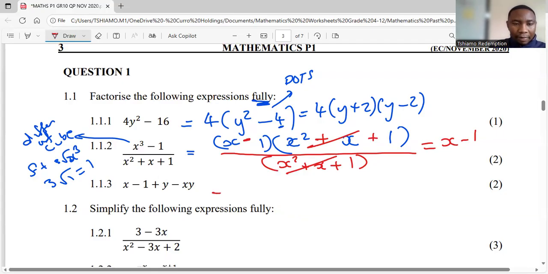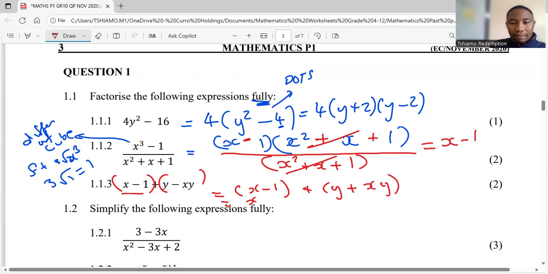And then here, let's look at what is going to happen here. I'm going to try grouping. Let's see, x plus 1. Group these 2 together, plus y minus y. And then x minus 1, take out a common factor here, which is that 1 plus x.